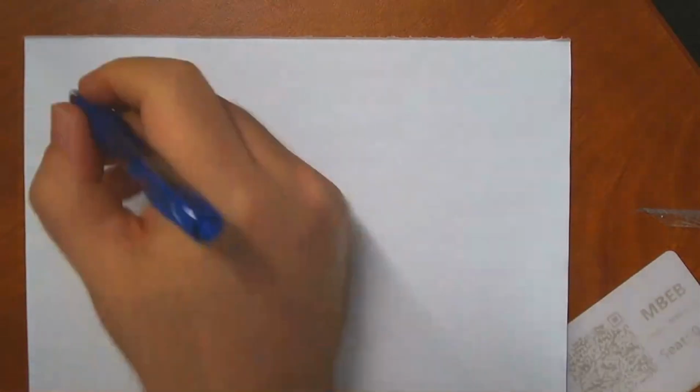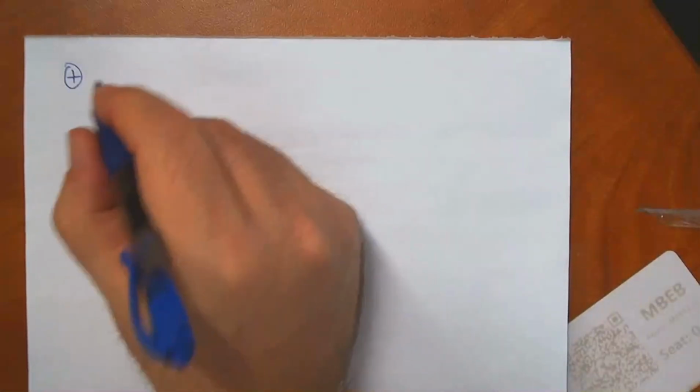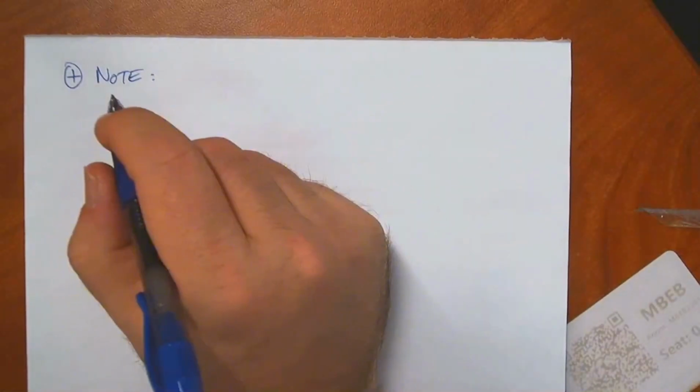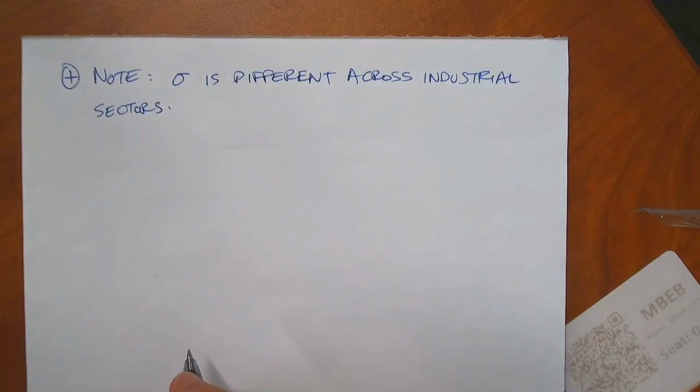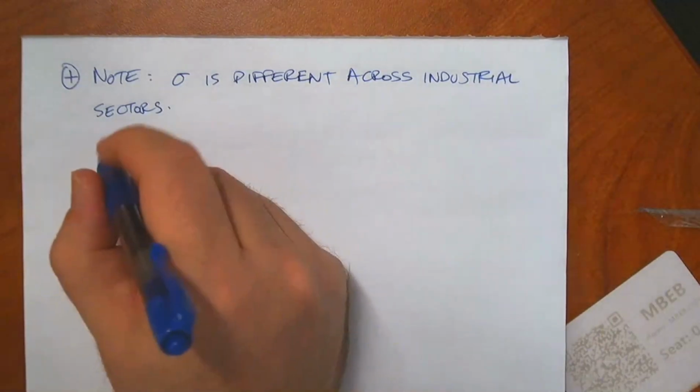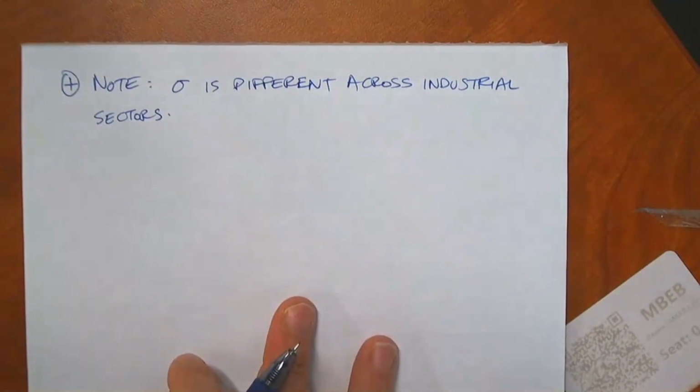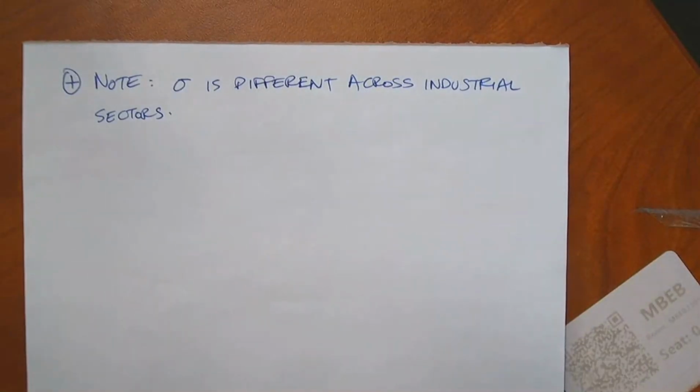Okay, so a note that connects this to actual data. Sigma is estimated across industrial sectors. There are econometric studies out there that are trying to capture an unbiased estimate of what that is, using all these methods that you have been exposed to through regression analysis, right?